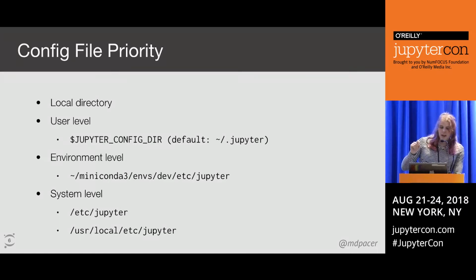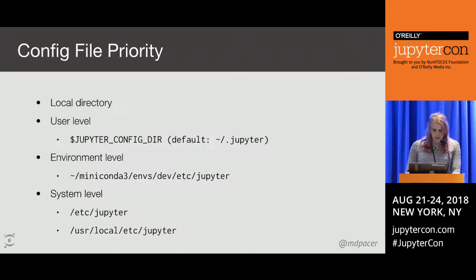I will mention that is a very useful thing to know when you're testing configuration, because it's the only way that you can have a temporary config so that you don't have to mess with your actual system to run your tests. Then we have environment level configuration locations, which is, in my case, an environment called dev, and then system level configurations, where you have the base system /etc/jupyter or user local /etc/jupyter.